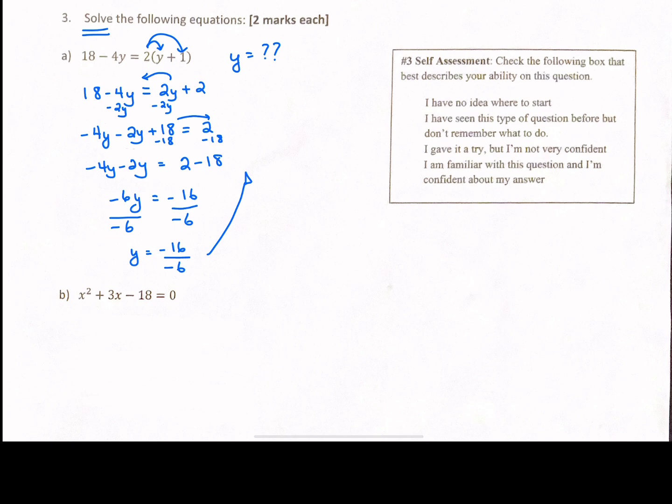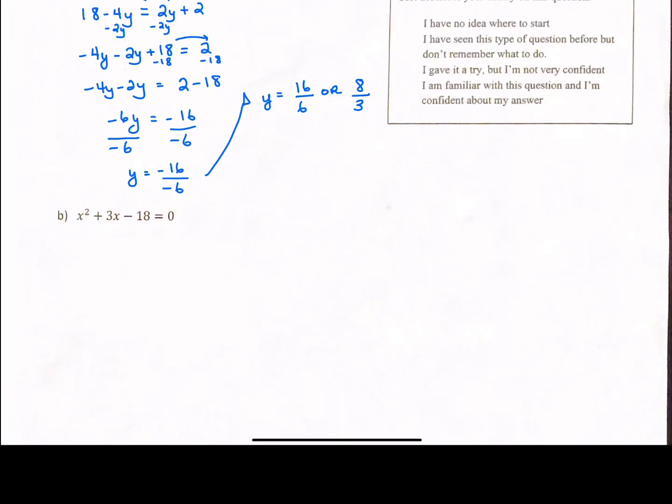So we could say that our answer is positive 16 over 6, and that fraction can be reduced to smaller terms. Both of those numbers can be divided by 2, so we want to reduce that fraction. We would say a better answer would be 16 divided by 2, or 8. 6 divided by 2 is 3. So 8 over 3 is our final answer.